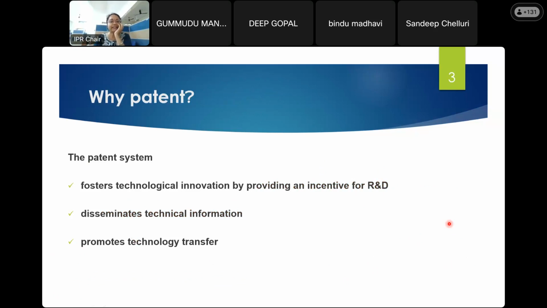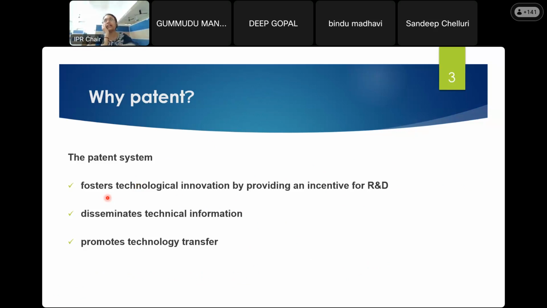Why is the patent system required? It is a debatable point, but in general, these are the generally accepted conventions: the patent system fosters technological innovation by providing an incentive for research and development. It disseminates technical information, because when you are filing a patent application, you are giving all the information about your invention in that application.